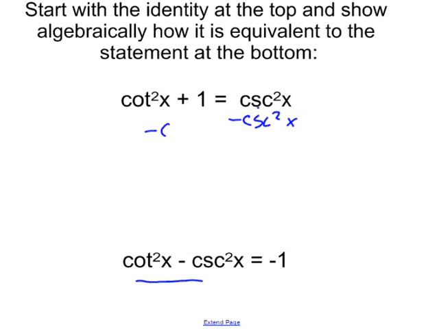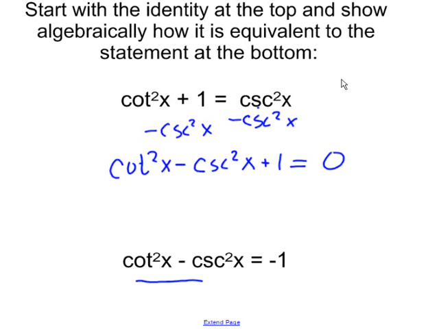If I do it to one side, I have to do it to the other. These guys are not like terms, so you just write cotangent squared x minus cosecant squared x plus 1 equals, now I have 0 on this side. And then if I want to get the 1 over to the other side, I just go ahead and subtract. And now I'm right to cotangent squared minus cosecant squared equals negative 1.